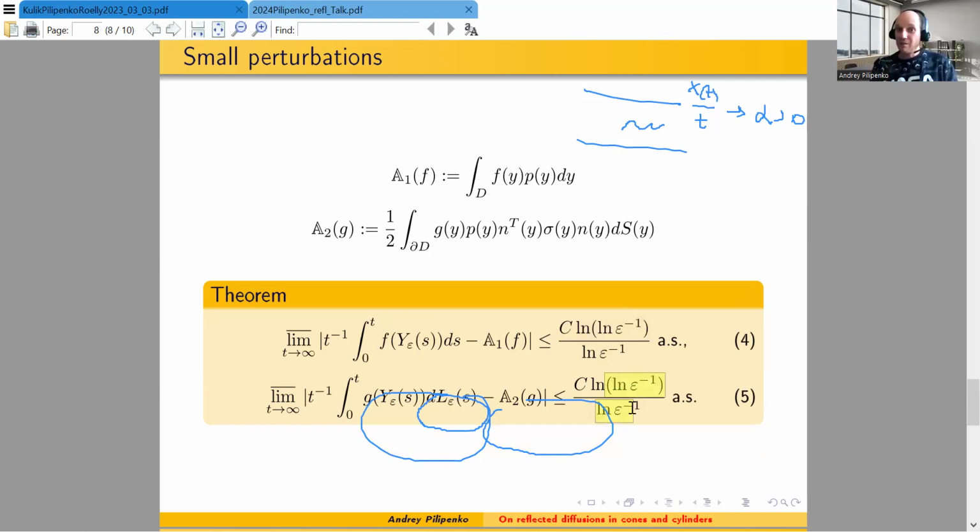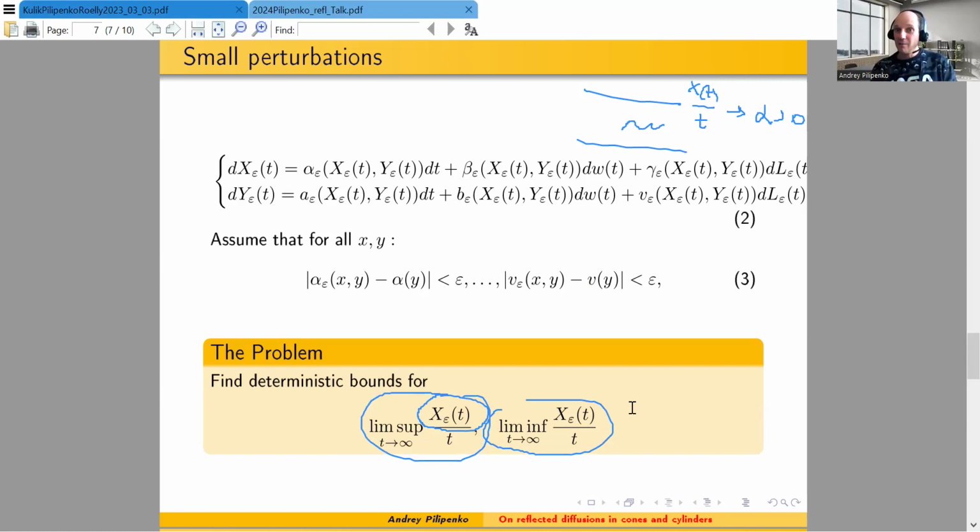And if X of t converges to negative infinity, then X epsilon will converge to negative infinity, and the growth will also be linear. So one of the corollaries is the following.